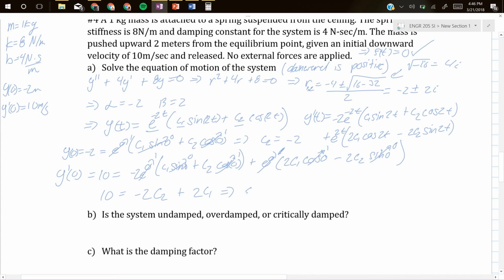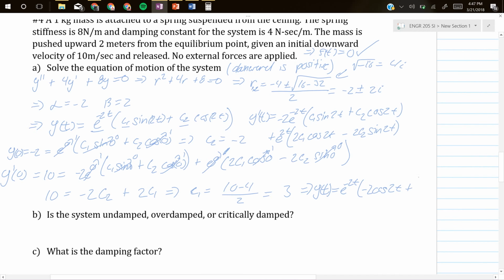So that means c1 will equal 10 minus 4 all over 2, which equals 6 over 2, which is 3. Which makes our overall equation y of t equal to e to the negative 2t times negative 2 cosine 2t plus 3 sine 2t.